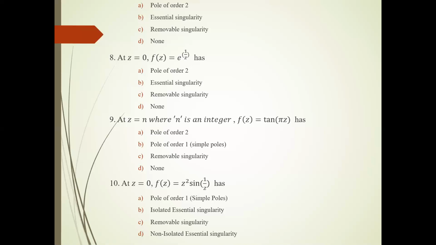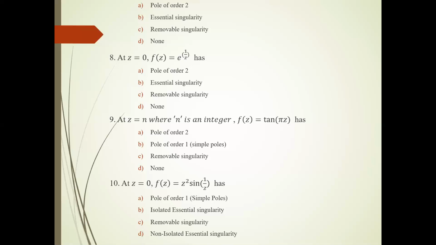Next, we have to check whether this function has, at z is equal to n, which type of singularity. Apply the limit directly. Limit z tends to n of f(z) is equal to limit z tends to n of tan pi z, which is limit z tends to n of sin pi z upon cos pi z.